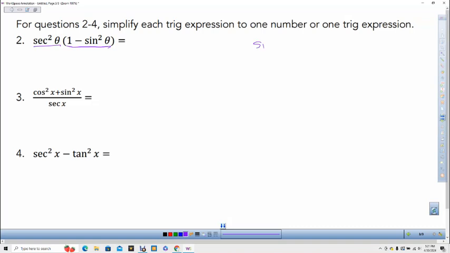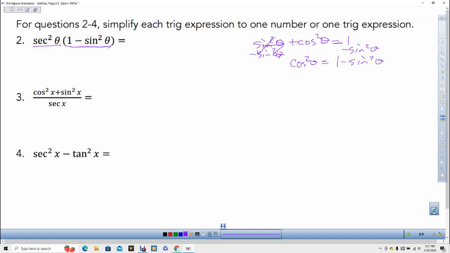Well, if you remember, sine squared theta plus cosine squared theta equals 1, and you need to know these guys. You need to know them and know them in their other forms too, what's going to happen when you algebrate them. So here we would subtract sine squared theta from both sides, so it cancels out there and leaves you with cosine squared theta equals 1 minus sine squared theta.